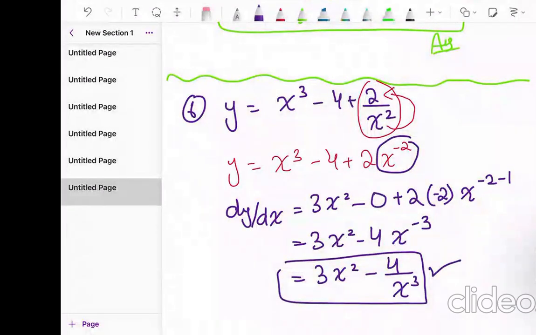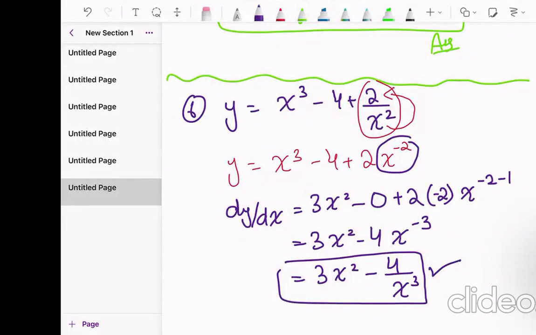Sir, could you repeat how you solve the question here? Okay, I will repeat again. The difference in this part is that the variable is in the denominator, that is x squared. In the previous part, the value of x was written in the numerator, and we applied differentiation easily.